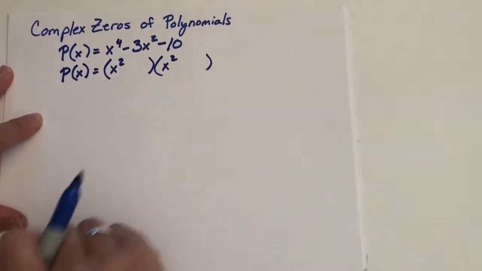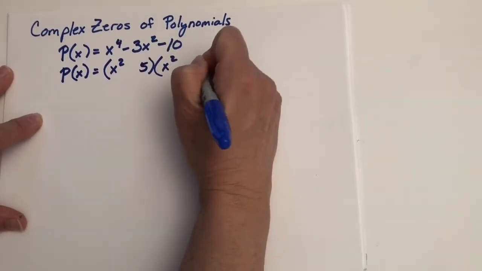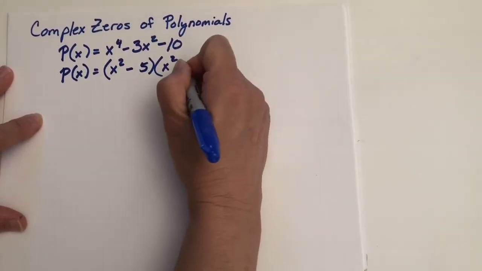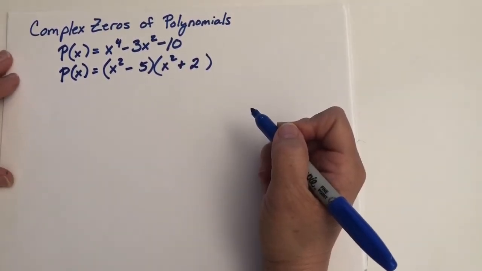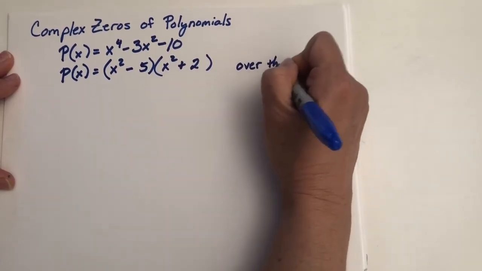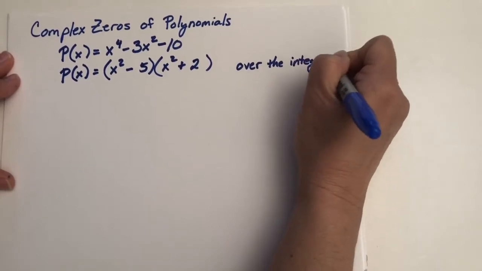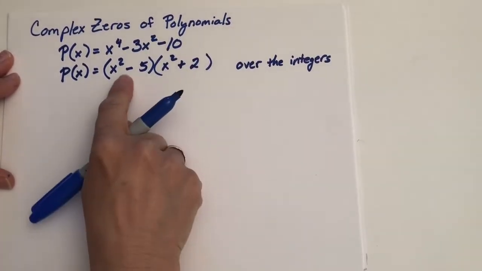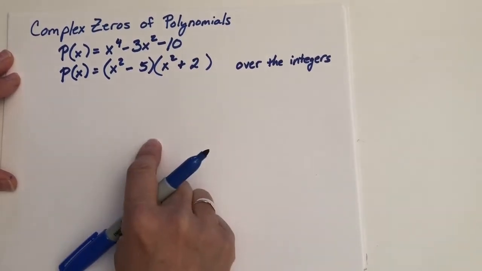Our 10 could break up into 5 and 2 with a negative on the 5 and the positive on the 2. And it's factored over the integers. And we would consider it finished because this doesn't factor further and this doesn't factor further.